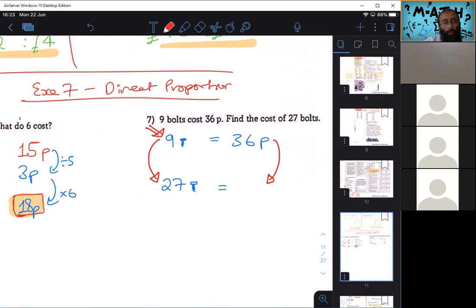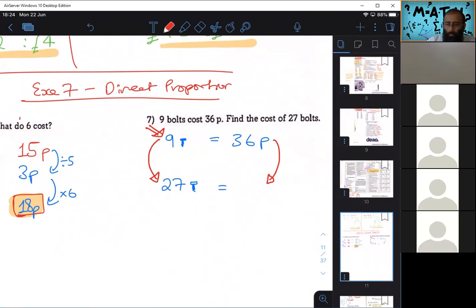Okay. Right. Iman, do you need some help? Yes. Okay. Aisha, can you jump in, please, and help? Okay, how does 9 become 27?